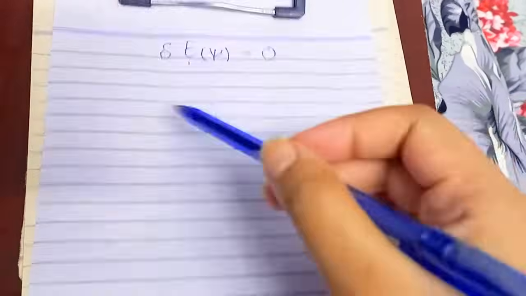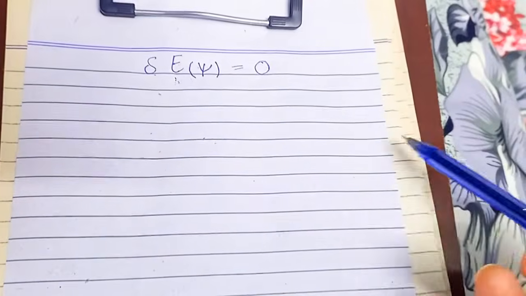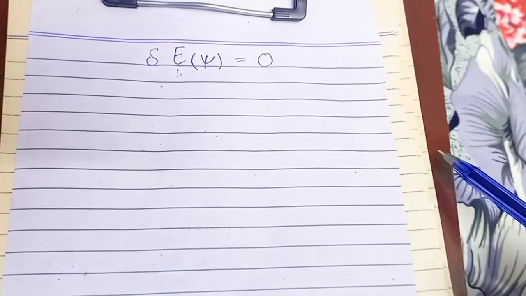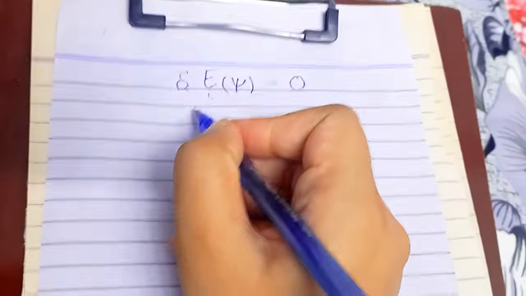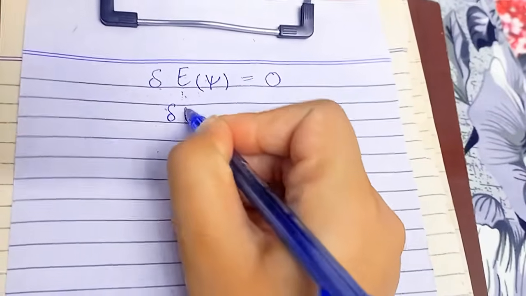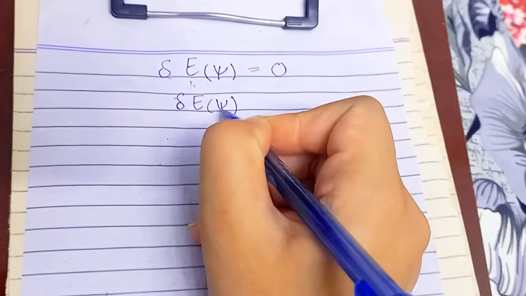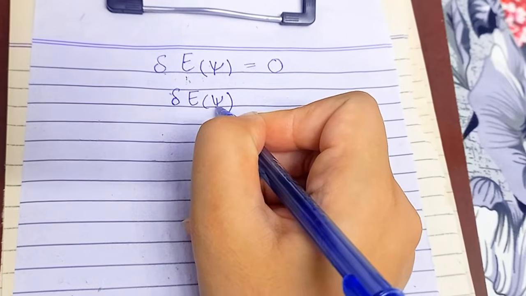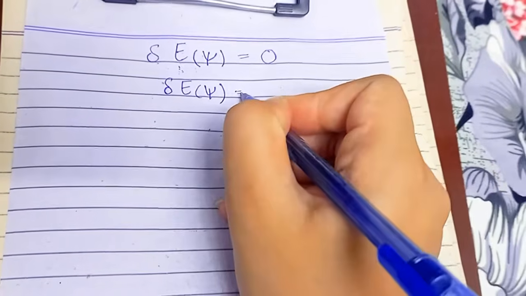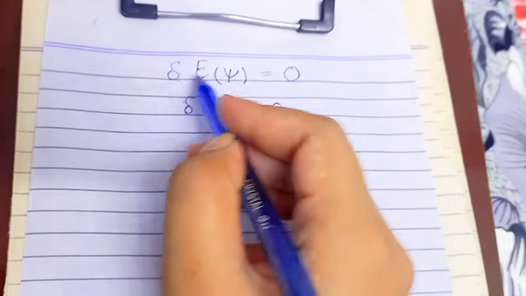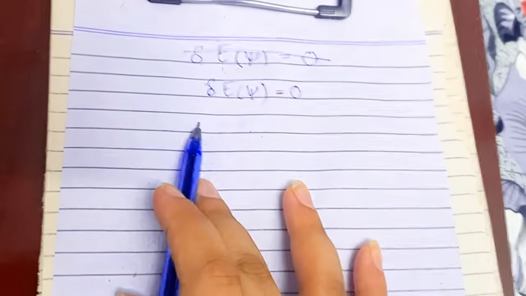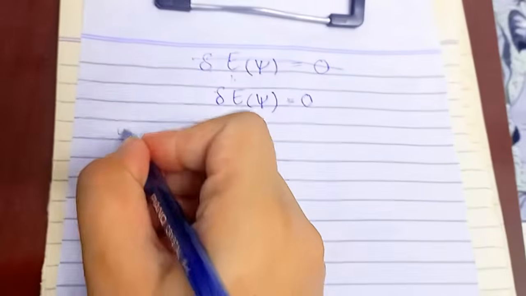Now we are just being introduced to some of the mathematical notations used in this method. This is the most important equation: the variation in expectation energy corresponding to a psi state is equal to 0. This is the variation equation. Here, what is E?